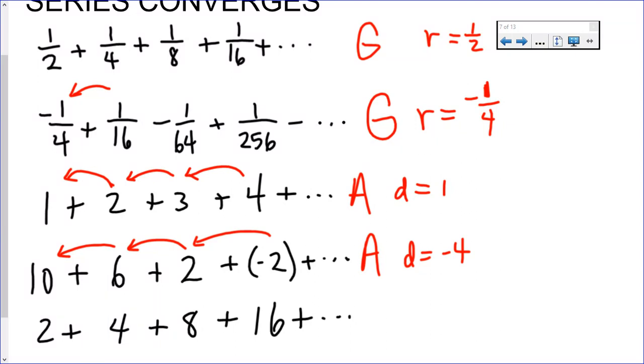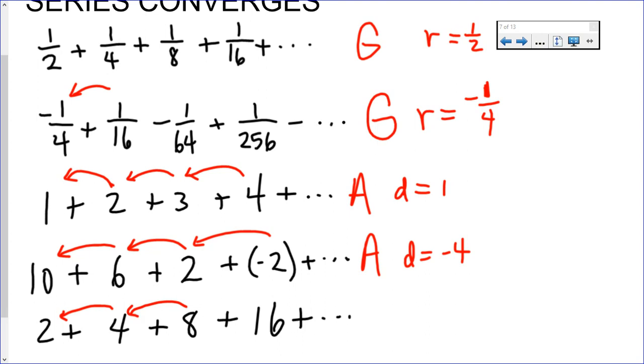All the way down to the last one, what kind of series do we have here? 2 plus 4 plus 8 plus 16. Is that arithmetic or is it geometric? Once again, I think it's either division or subtraction that will tell me if it's arithmetic or geometric. So 4 minus 2 is 2. Is that a common difference between 8 and 4?